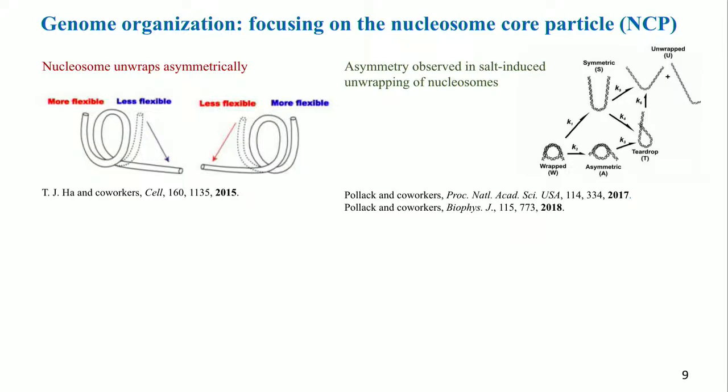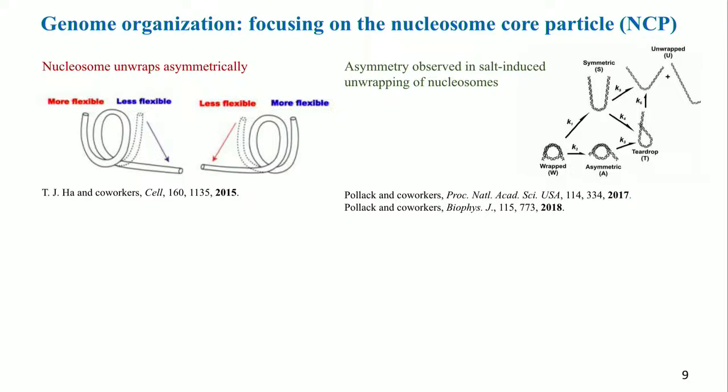In fact, another very interesting study in this direction of nucleosome unwrapping was from T.J. Ha's group using single molecule pulling experiments combined with FRET. What they showed is that the nucleosome DNA unwraps in an asymmetric fashion. In other words, it depends on the local DNA sequence around the wraps.